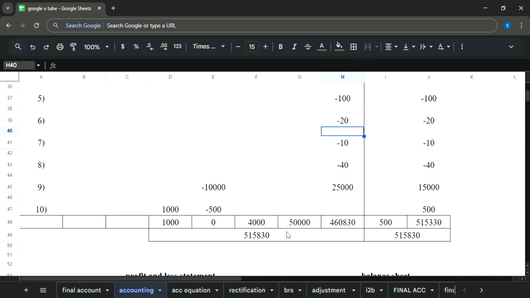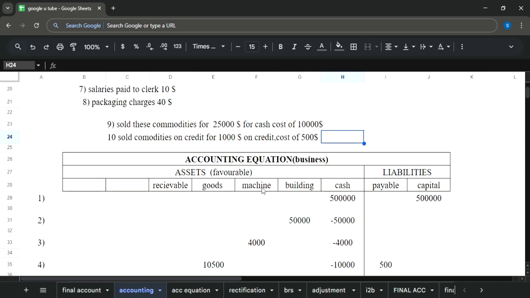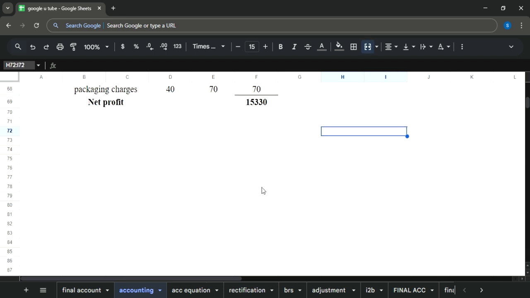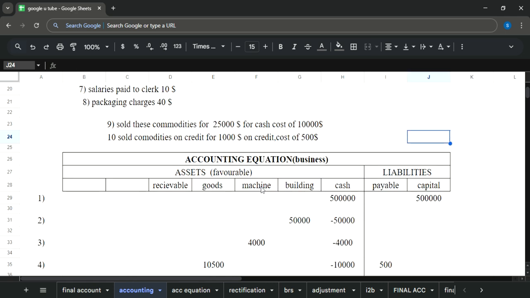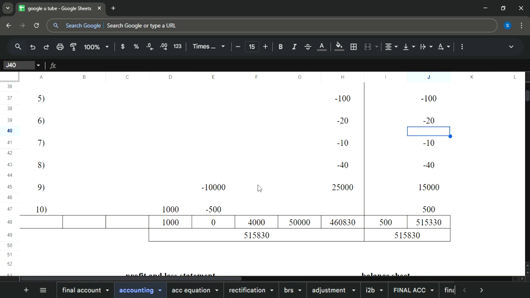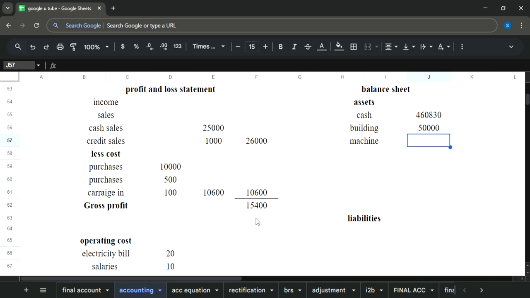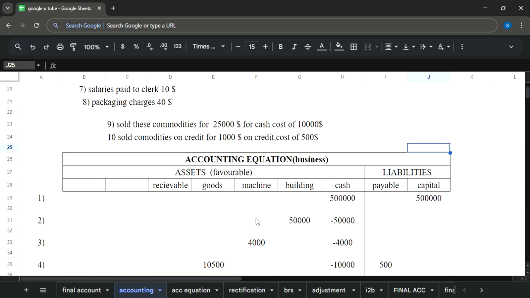So guys, after building, the next asset was packaging machine. You will mention machine over here and let's put the amount. This was your machine and total was 4,000. So you have put 4,000. One thing you have noticed that we do not need to go back to our transaction. We have already arranged each and every asset in a proper way.